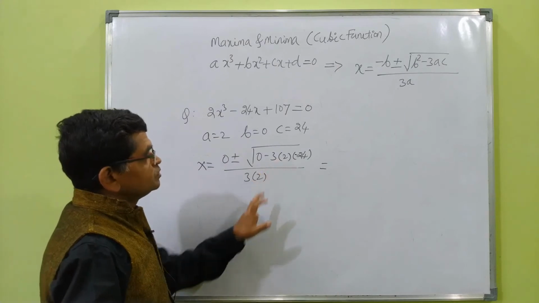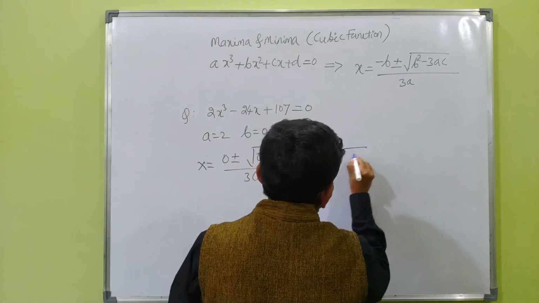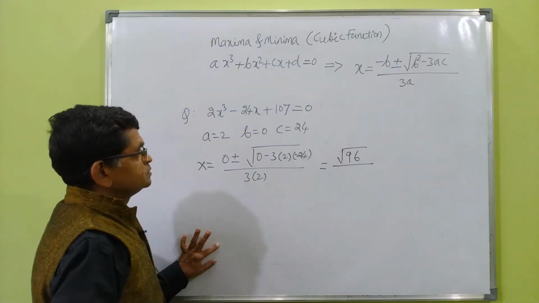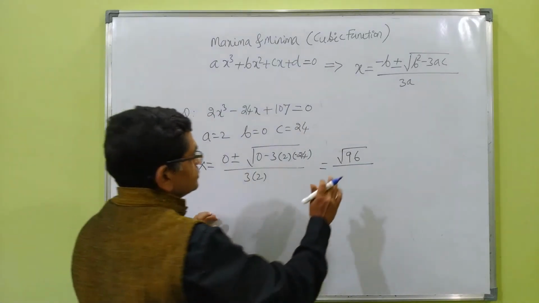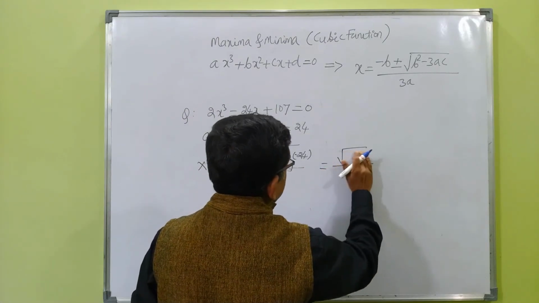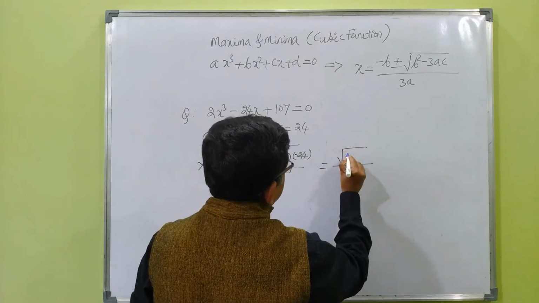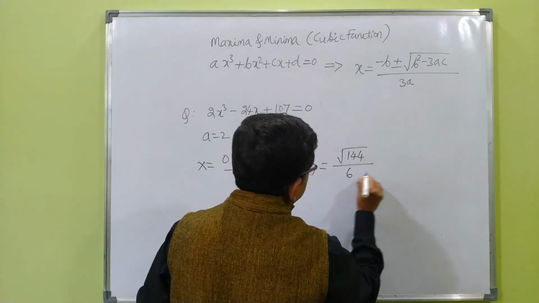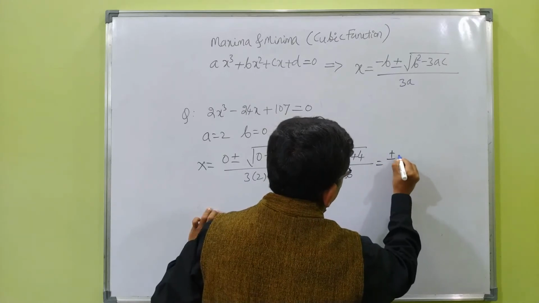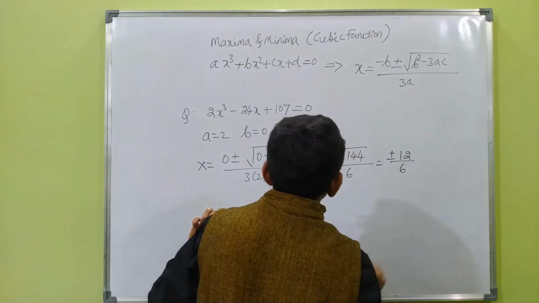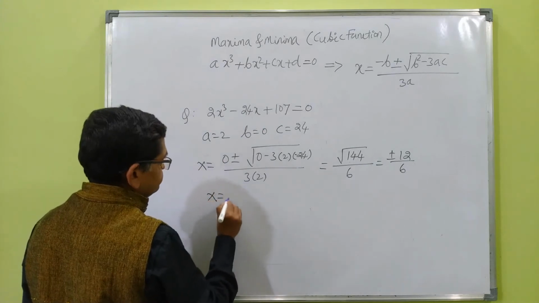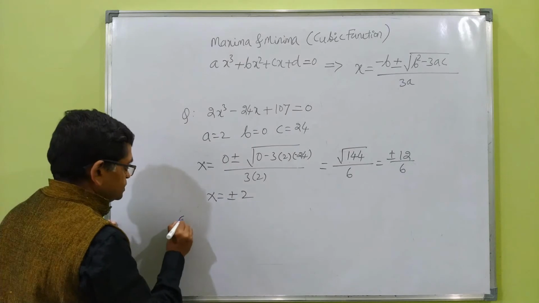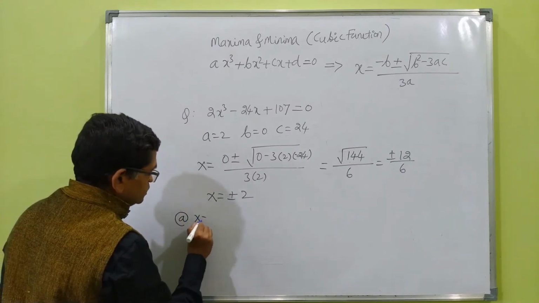So 4 into 24, 96, root of 96, 6 into 24, that is 144, yes, divided by 6, so plus or minus 12 over 6, so x is equal to plus or minus 2.